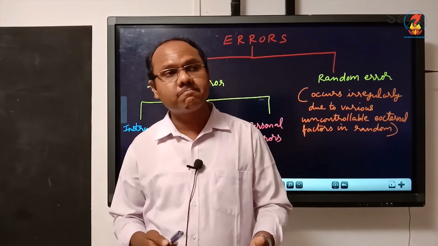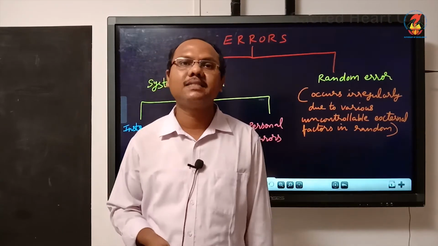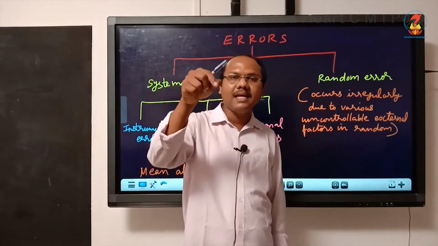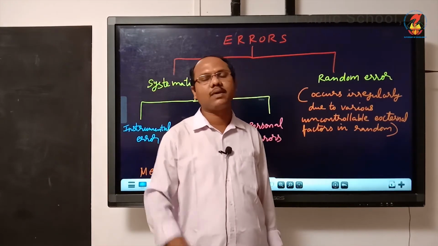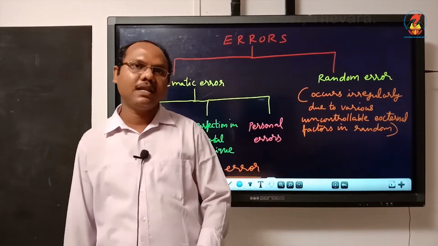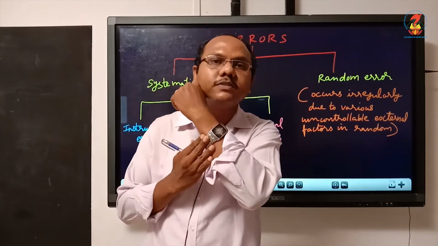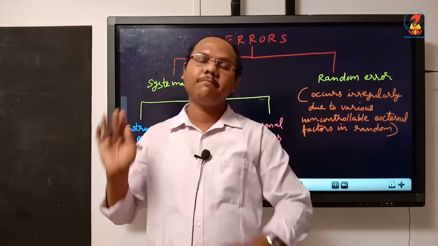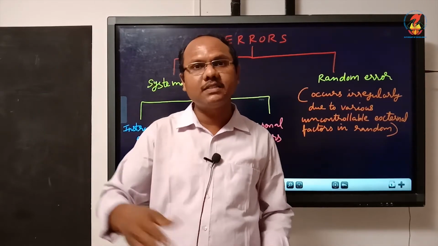Then suppose we are taking the meter scale but not a branded scale. So the readings that they have marked in the scale may not be accurate. So that is instrumental error. Now you can see this watch. This watch is a branded watch. It will show accurate time. But you will get watches from the roadside.